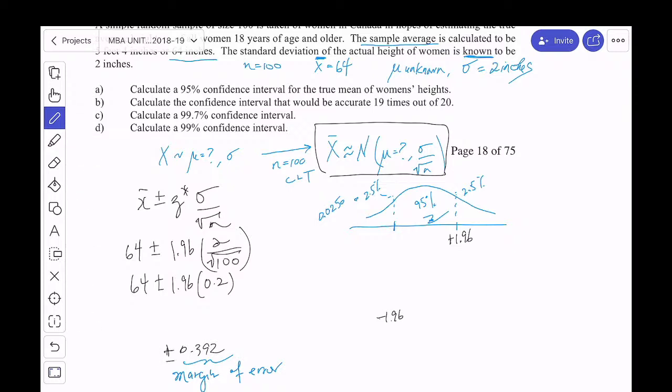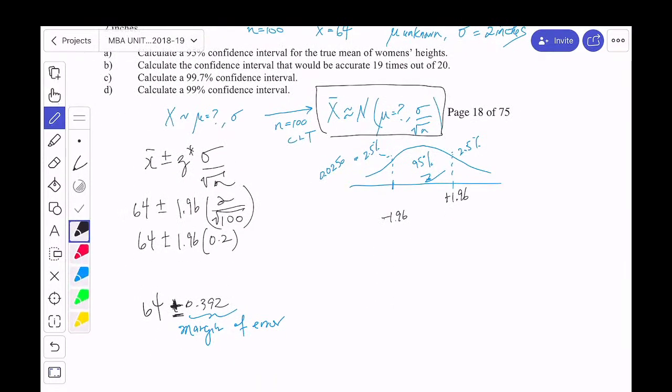And this is plus or minus 64. So you can write it like that. You can make the actual interval. So you're going to take 64 minus 0.392, so it's going to make an interval of 63.608, and 64.392.